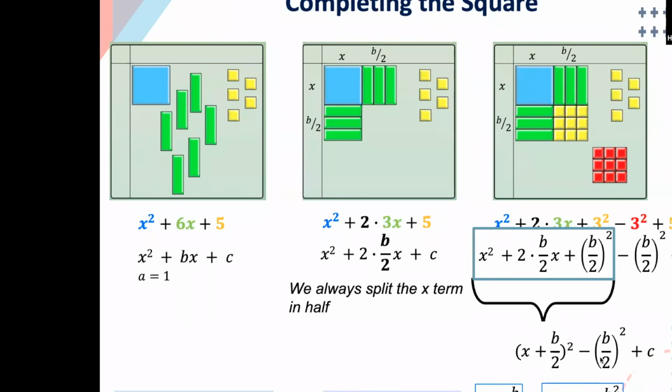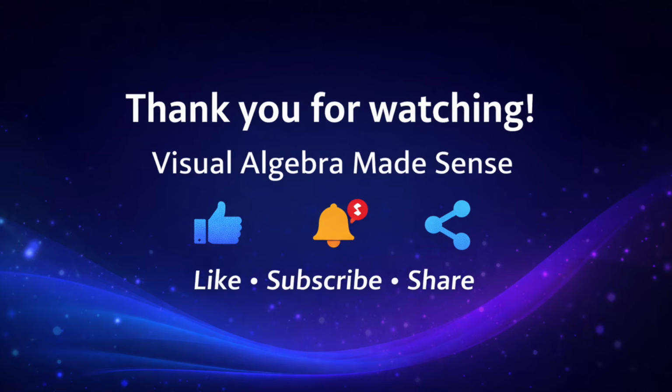And that directly tells me the formula. So d is basically b over 2. And what is left is going to be e. So this is the way we can teach completing the square. We are starting with algebra tiles, developing meanings, then building procedural fluency, and building formulas later.